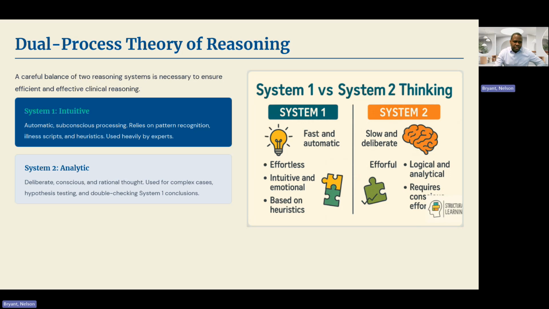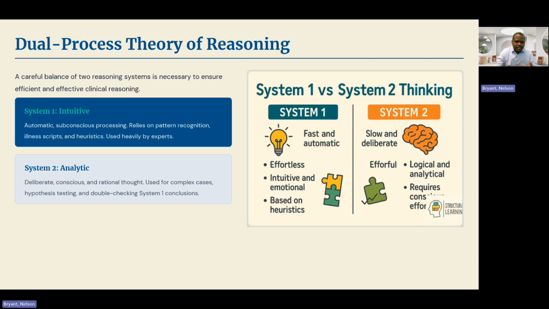What is the dual process theory of reasoning? This involves two distinct cognitive systems. System one is intuitive, and we all have intuition, or we are told at times to follow our gut. But how does that lead us to make objective decisions?